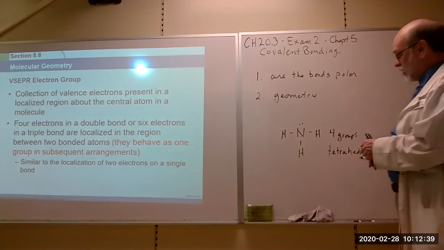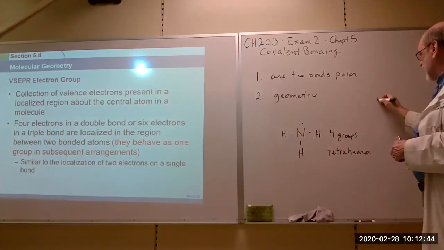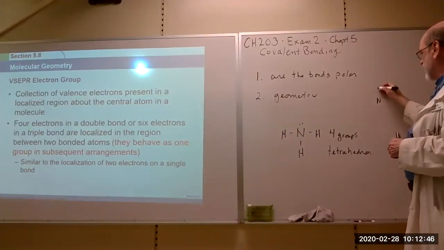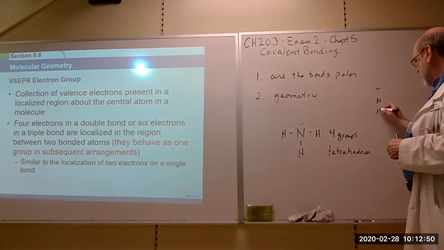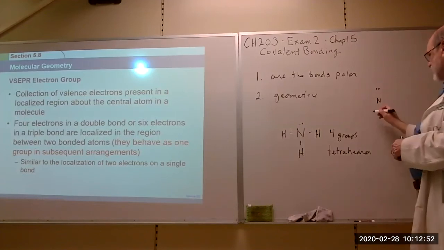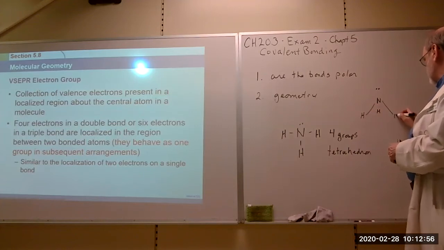Right? So if we draw this geometrically speaking, we would say nitrogen's in the middle, and then we have a lone pair up here, and we have hydrogen back there in the back, and then we have a hydrogen here, we have a hydrogen here.